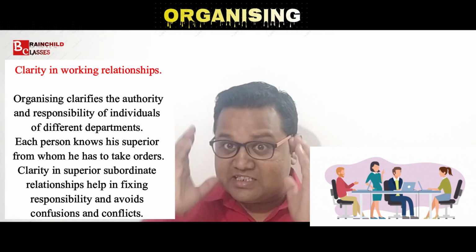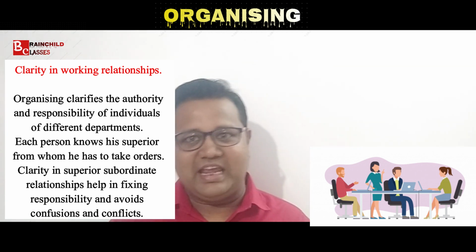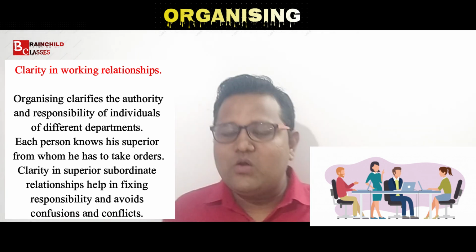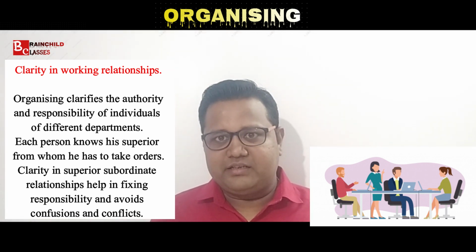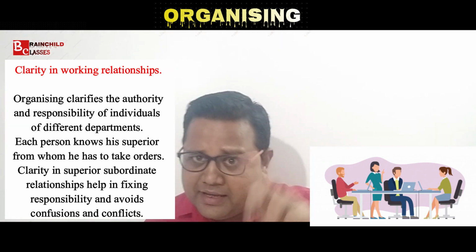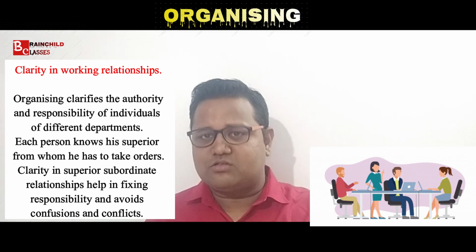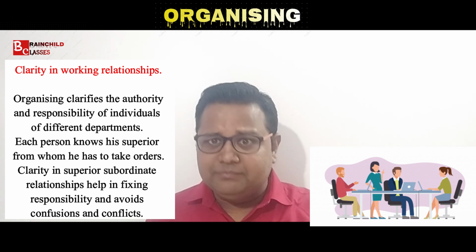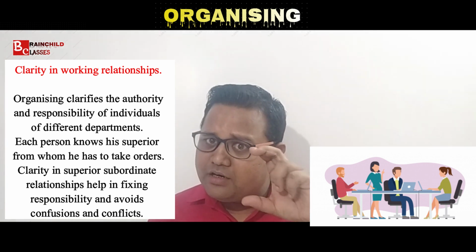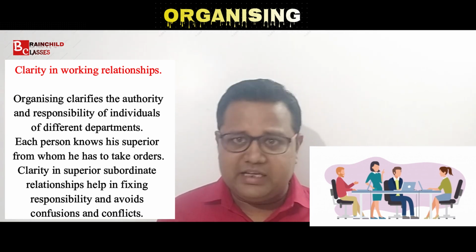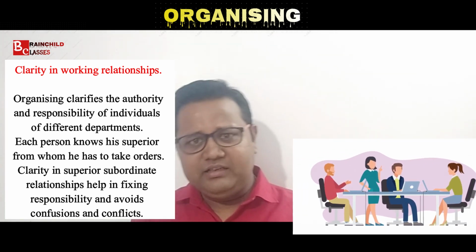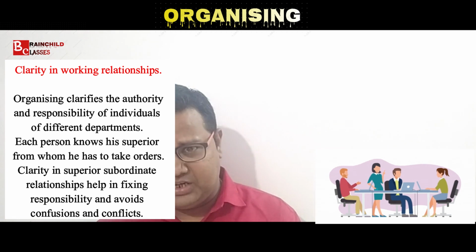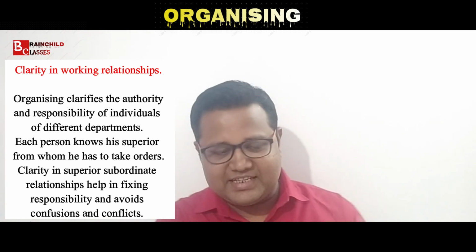In studies also, one small hint: first you have to identify, in books many topics are there, but according to the syllabus you have to identify what points are there and what type of questions come. That clarity of work you have to do. Similarly, in organization or business also, clarity of work relationship can be established.